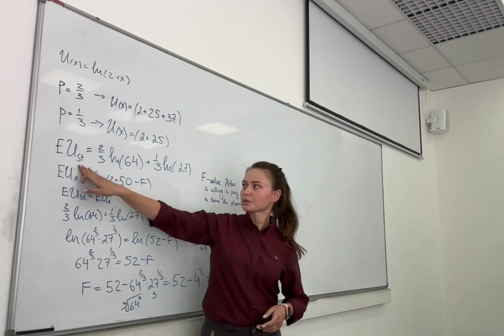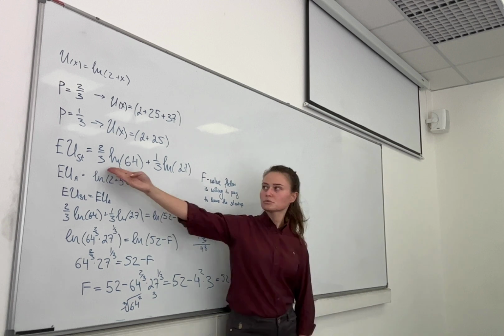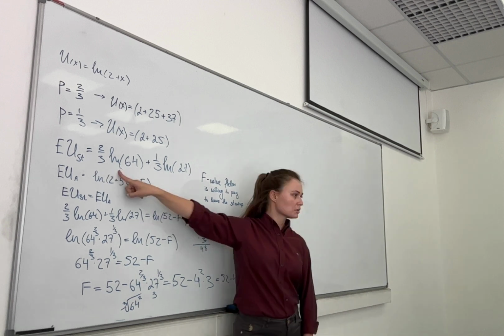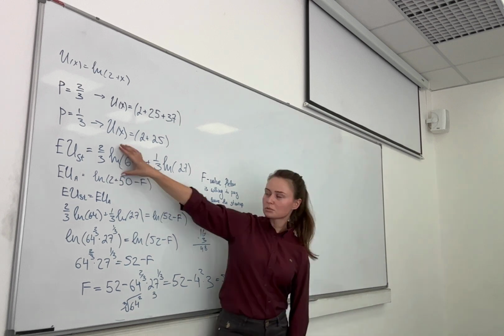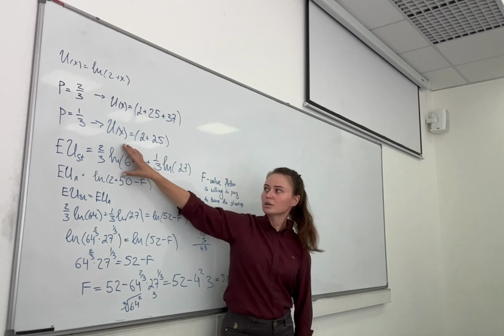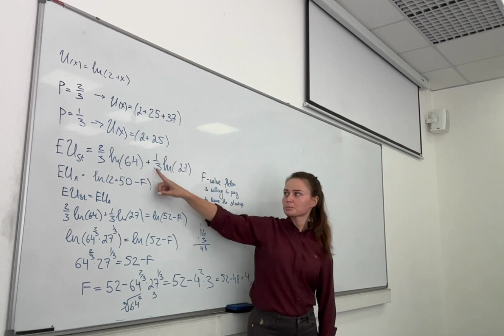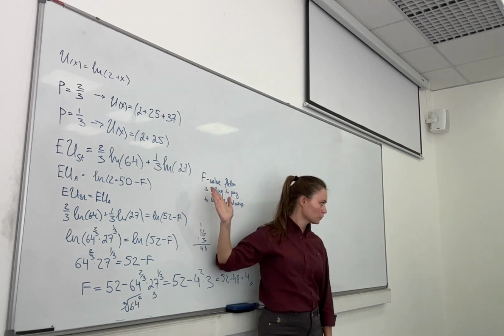Our expected utility from working in the startup we should present using this elementary utility function. So this state of the world will give us such a level of utility with probability 2/3, and such a level of utility with probability 1/3, and this is the expected utility. Good?